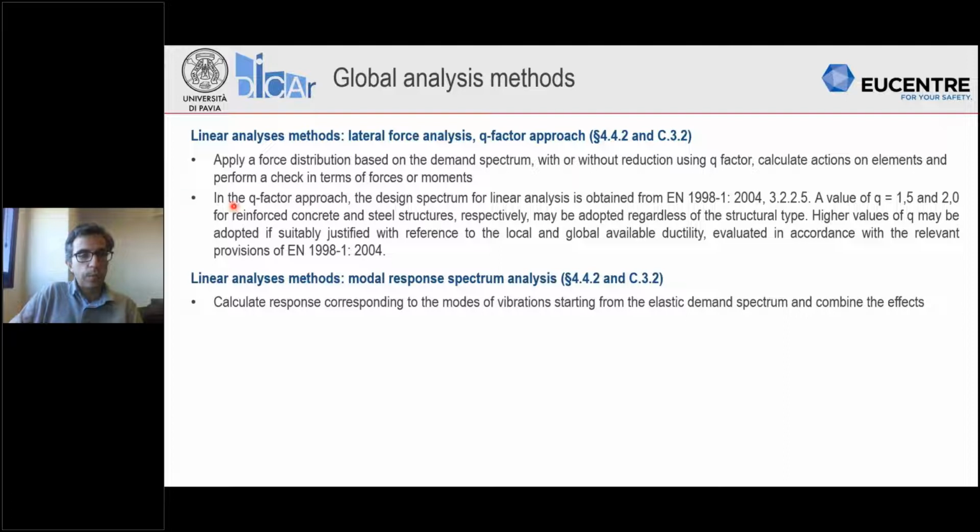In the Q-factor approach, you have to reduce the design elastic spectrum by a value of Q given by the code. Regarding the modal response spectrum analysis, you are required to calculate the response corresponding to the most important modes of vibration, starting from the elastic demand spectrum and then combining the effects.